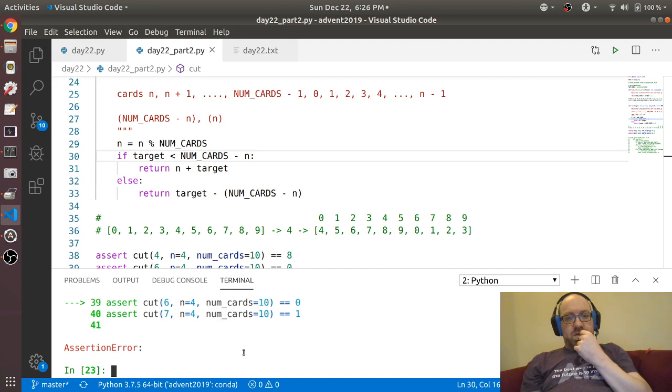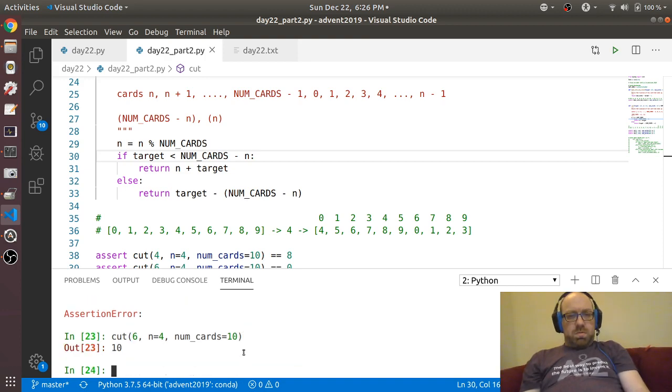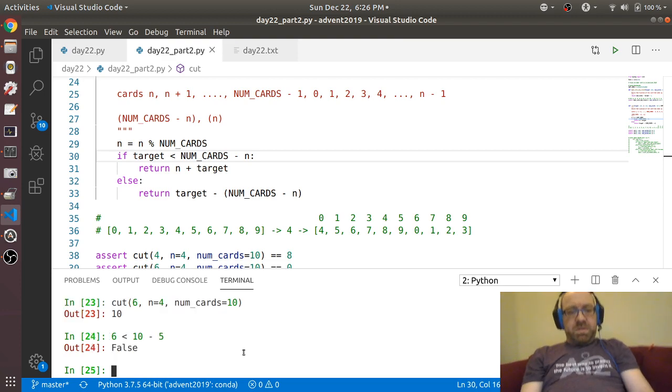Otherwise, I return target minus, it's interesting. Six less than 10 minus 4, that's false.